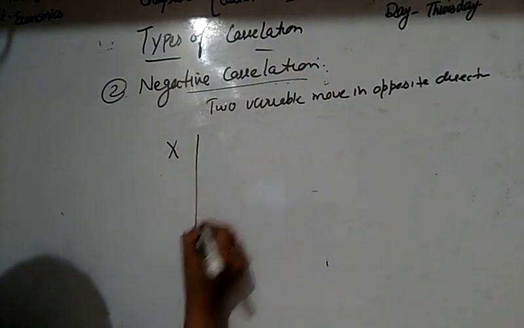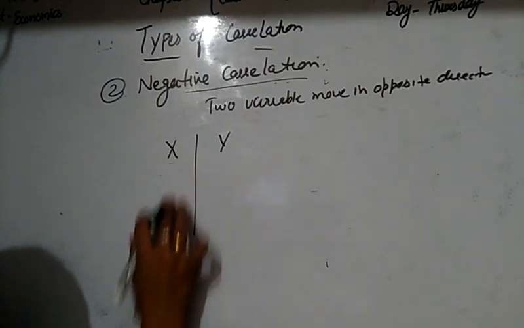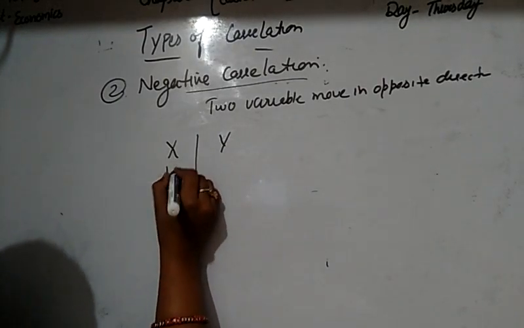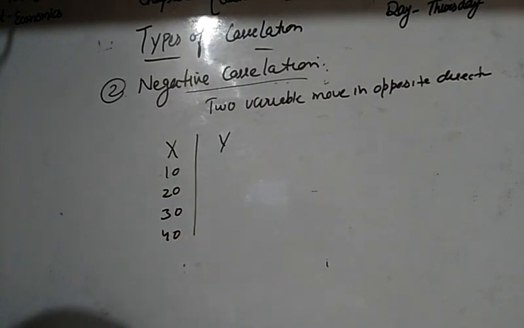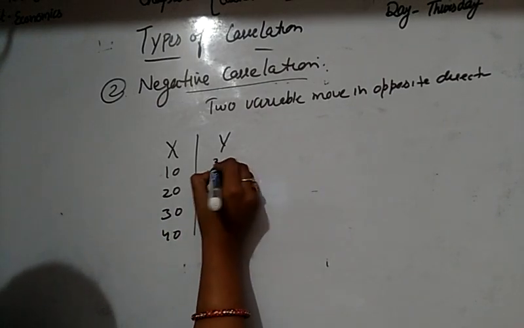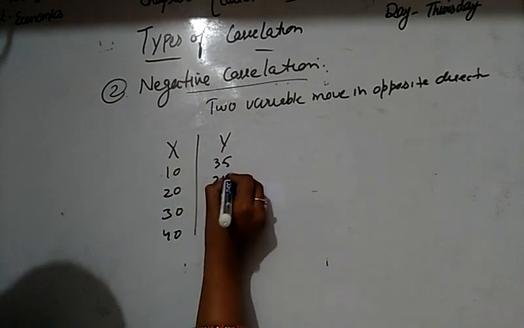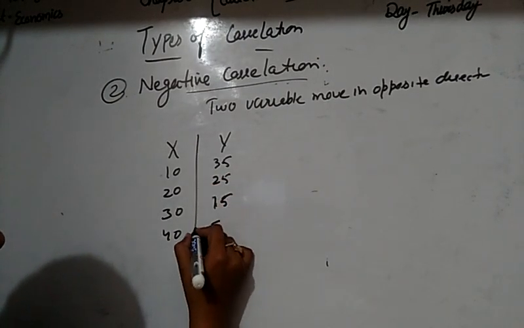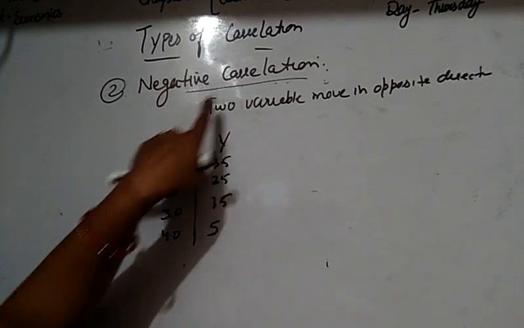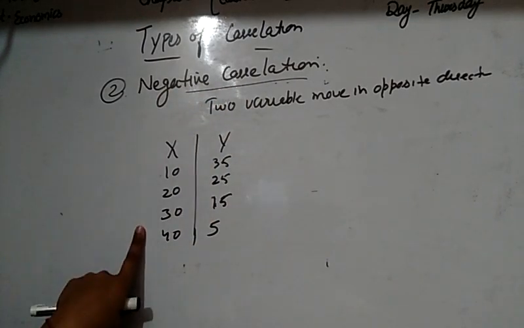So x and y variables are there. If x increases 10, 20, 30, 40, then y decreases 35, 25, 15 and 5. See, there is a negative correlation between these two variables.